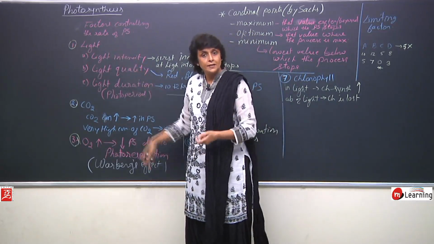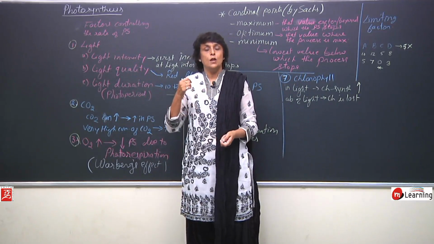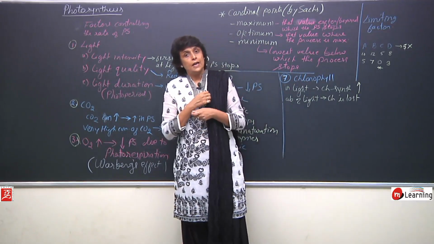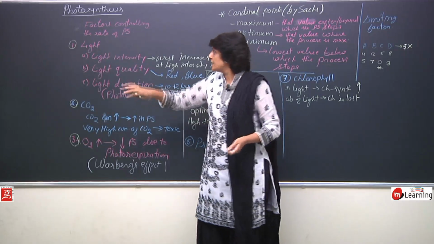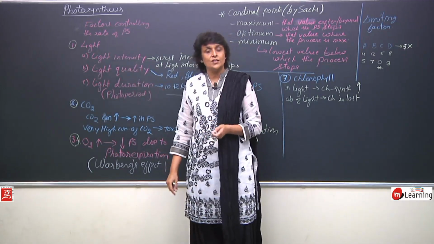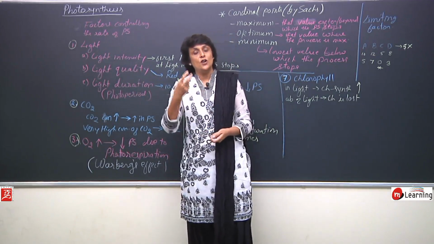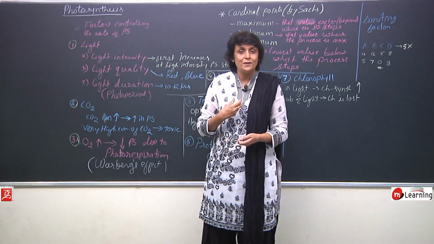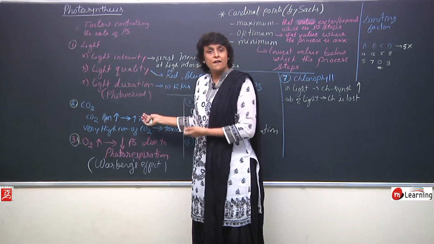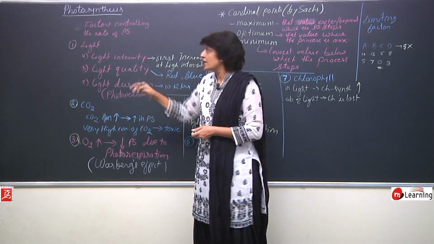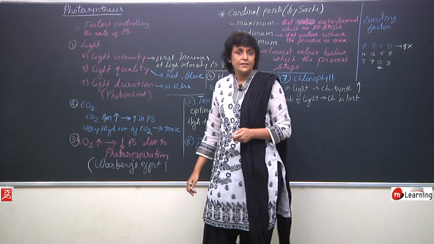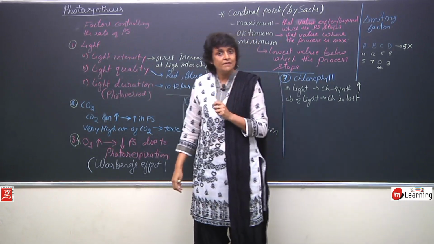Light, suppose there is no light. Carbon dioxide is available, water is available, enough of chlorophyll is there, everything is there, but there is no light. Will photosynthesis take place? Because we know unless and until light is absorbed, electrons are emitted, ATP, NADPH2 are synthesized, the next phase, that is dark reaction, will not take place. So light becomes a limiting factor. Can light become a limiting factor?